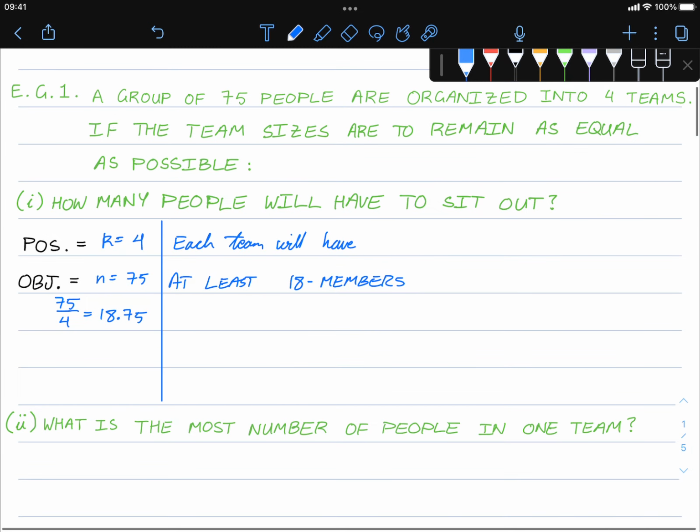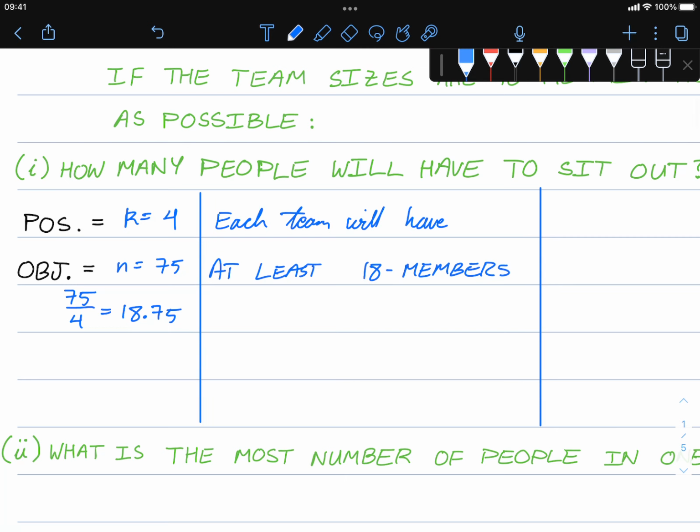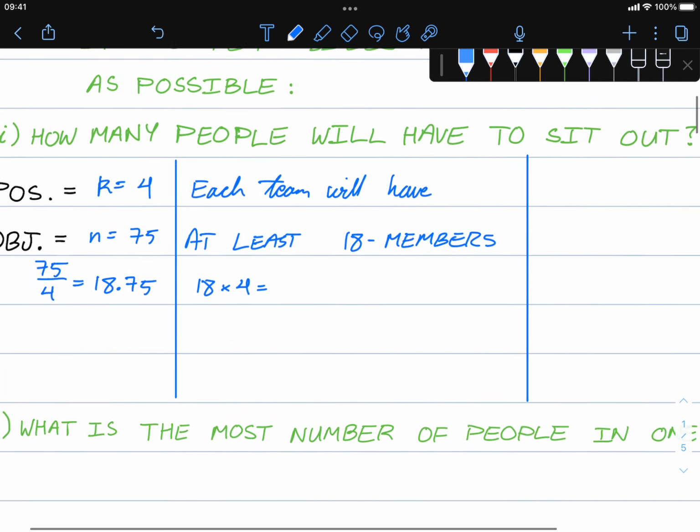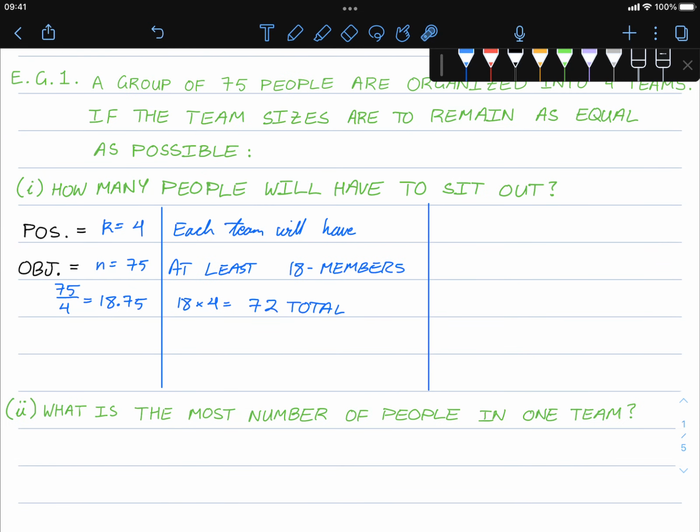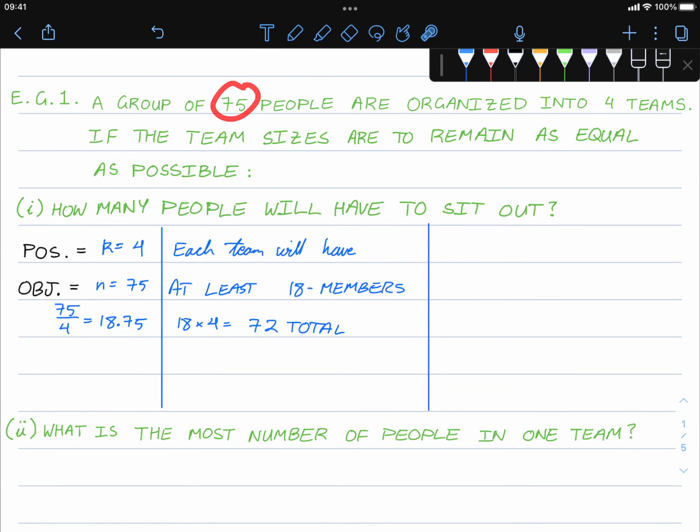Now, let's consider what this means. If 18 people are to be in 4 teams, then 18 times 4, that's going to be 40 plus 32. It's going to be 72 in total. Consider there was supposed to be 75.